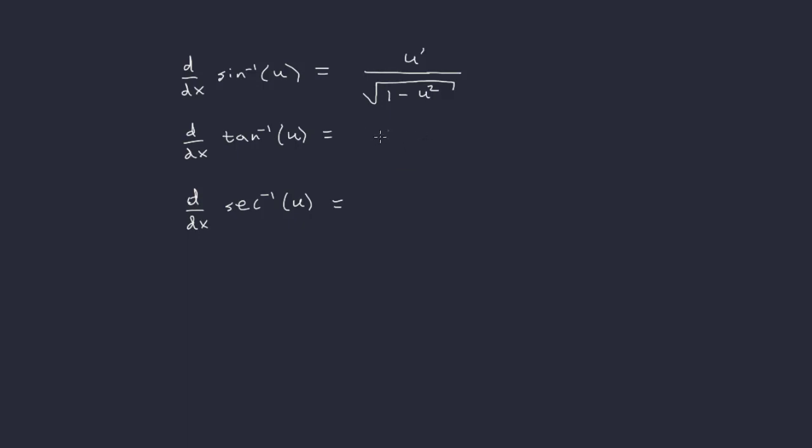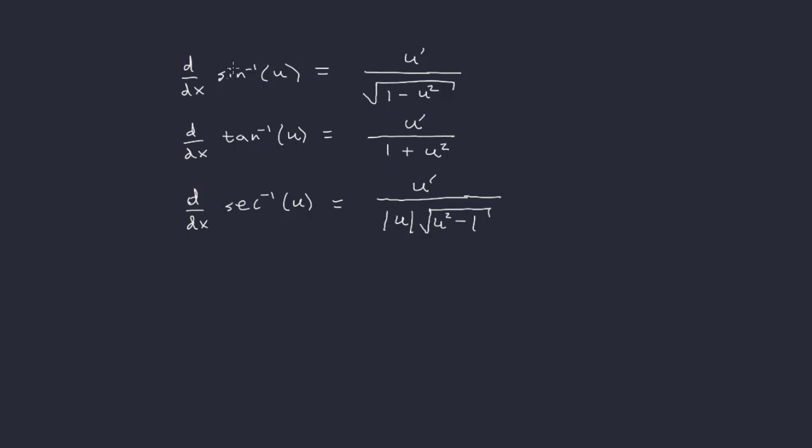So tan inverse, oh, that was terrible. Let's try that again. It'd be u prime over 1 plus u squared. And for secant inverse, it'd be the derivative of the stuff over the absolute value of the stuff times the square root of the stuff squared minus 1. Yeah, that secant one is the one that people tend to not like.